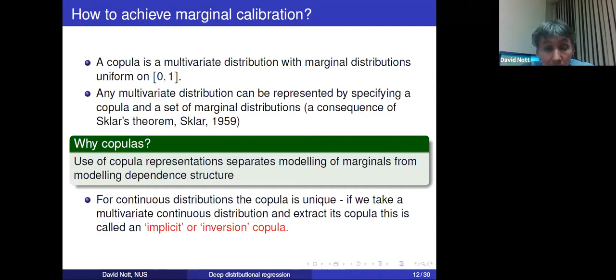The idea is that we could couple this copula with basically any kind of marginal distribution we like. So we're going to use an empirically estimated marginal distribution for a response, and couple that with an implicit copula that we get from a deep neural network regression model. So we're defining some sort of copula on the feature space.